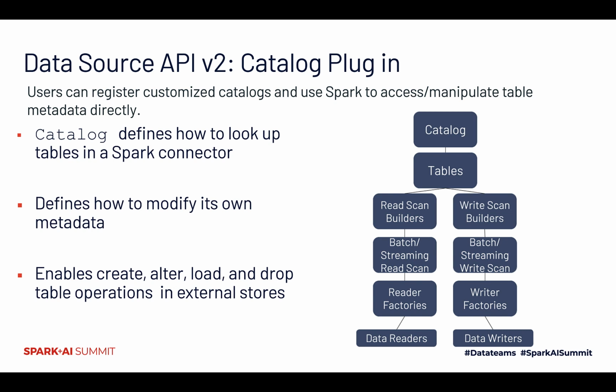Now, if you are not creating your own connectors, you're just going to start getting the benefit of the fact that other people are creating their connectors that use this V2 API. So if you're just a consumer of Spark and you're not writing your own data sources, you don't need to do anything to start taking advantage of this.